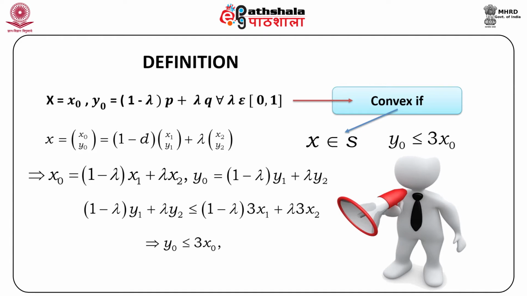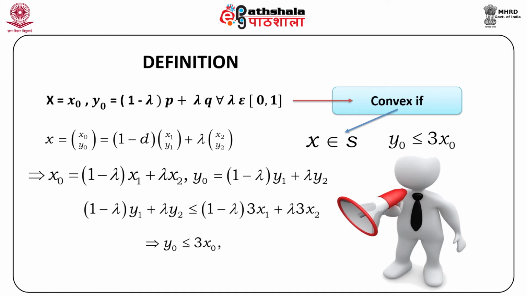X is equal to (x naught, y naught), which is equal to (1 minus lambda) times (x1, y1) plus lambda times (x2, y2), which implies x naught is equal to (1 minus lambda) times x1 plus lambda times x2 and y naught is equal to (1 minus lambda) times y1 plus lambda times y2.